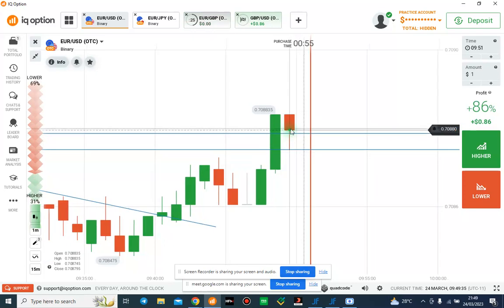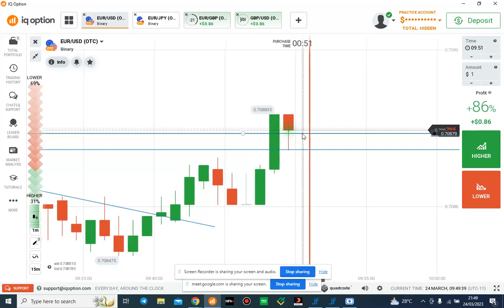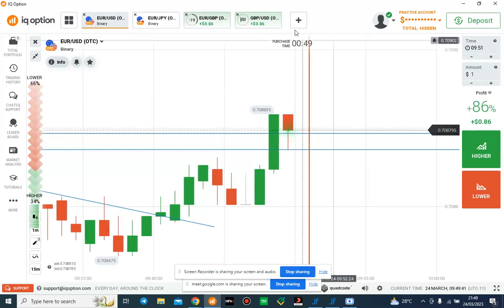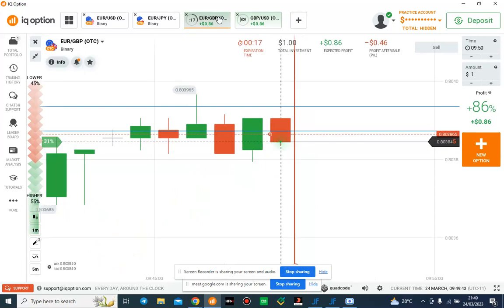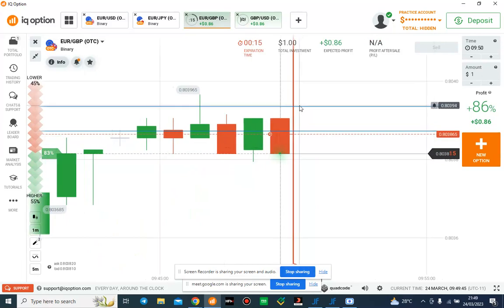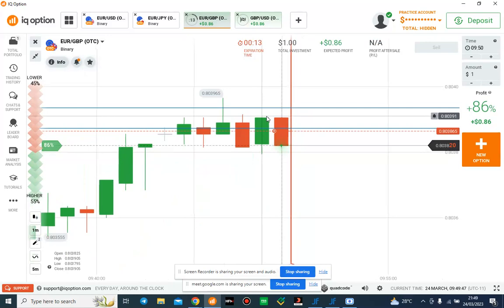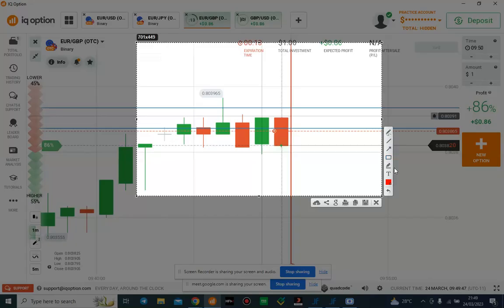But if it is a real breakout, it should close inside the zone or close above this line to continue to the upside. Same thing here. If it is a real breakout, close above, reject inside the zone to enter, or close inside the zone to enter, or reject, then reverse.